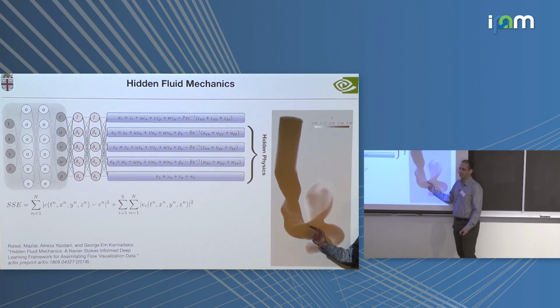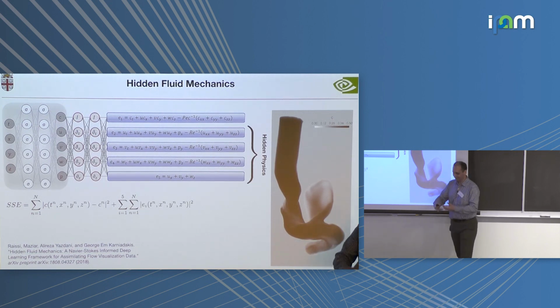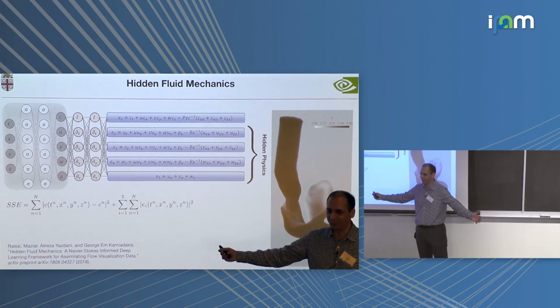PDEs without initial conditions are not solvable. If you cut an artery from here, what is the proper pressure boundary condition? There are ad hoc models for it, but nobody knows. Because you are cutting this part from the whole arterial system of a human body.